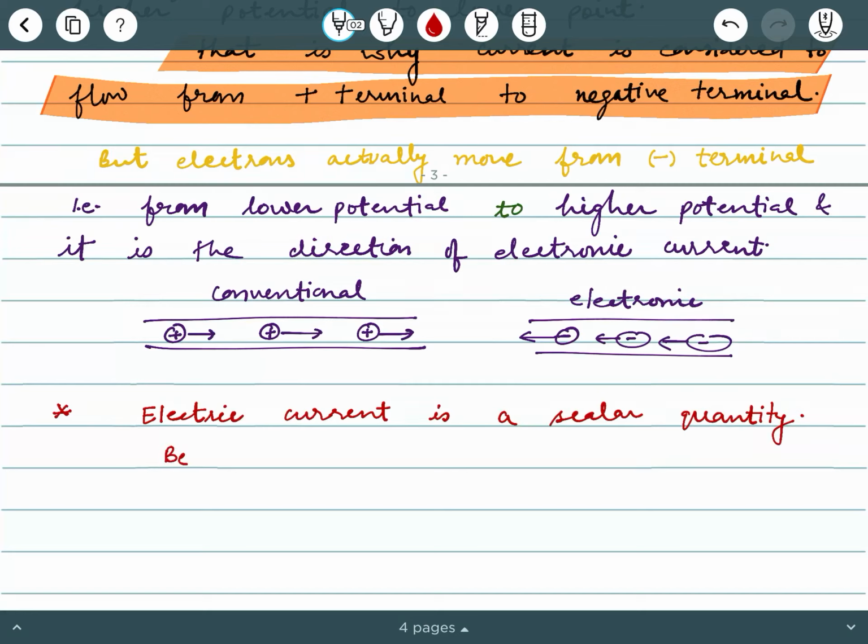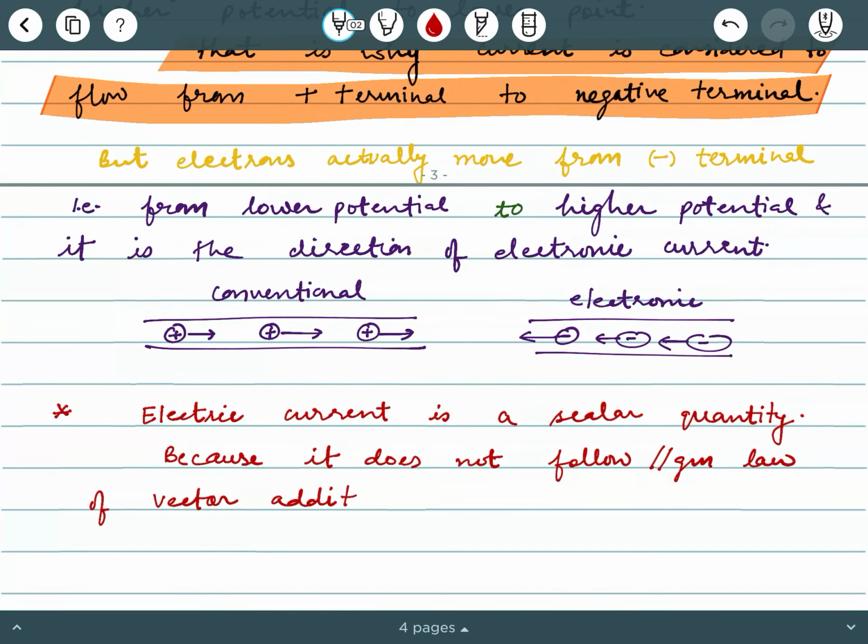And how do we understand it? In one line I will write: it does not follow the parallelogram law of vector addition. You studied that in class 11.